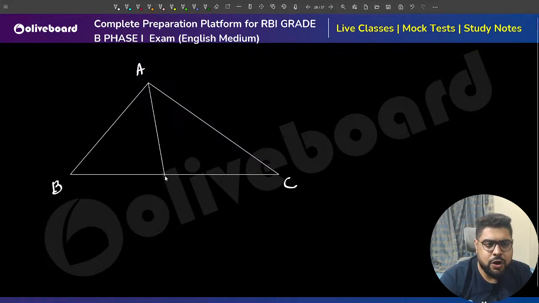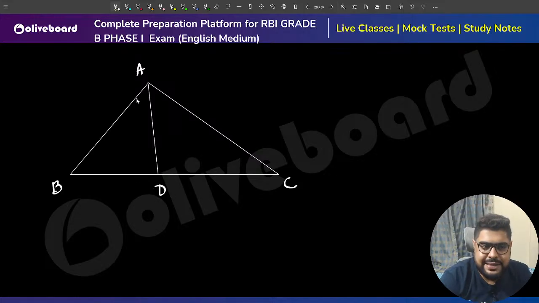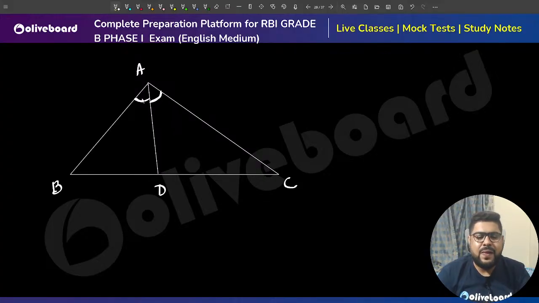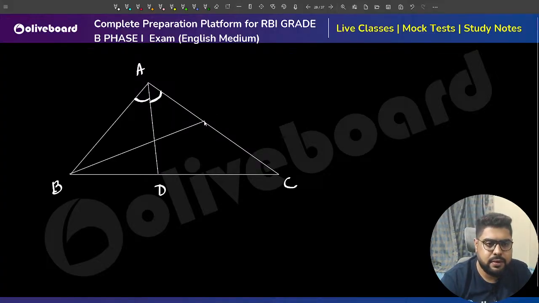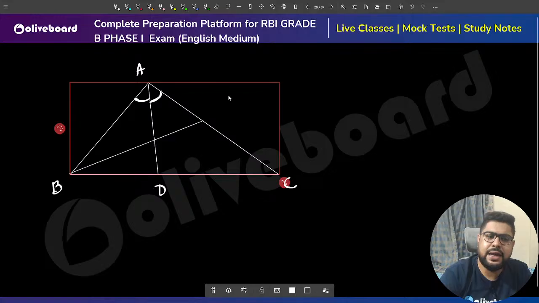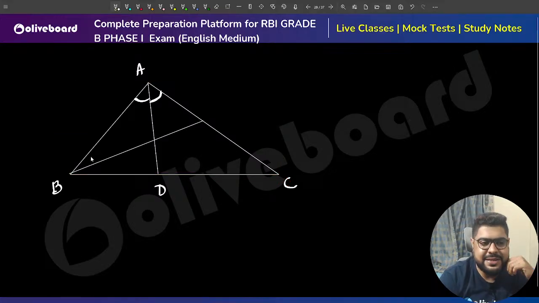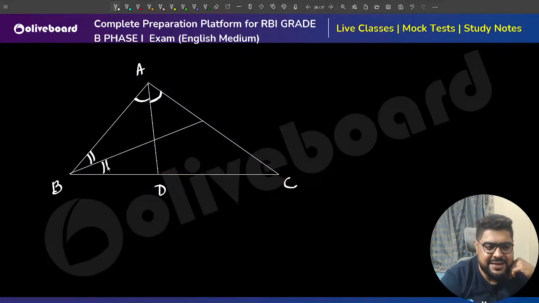Meaning, if you draw this angle bisector, say for example this AD, that means this angle is equal to this angle. These two angles are equal, sir. And if there is another angle bisector like this one, then this angle is also equal to this angle.